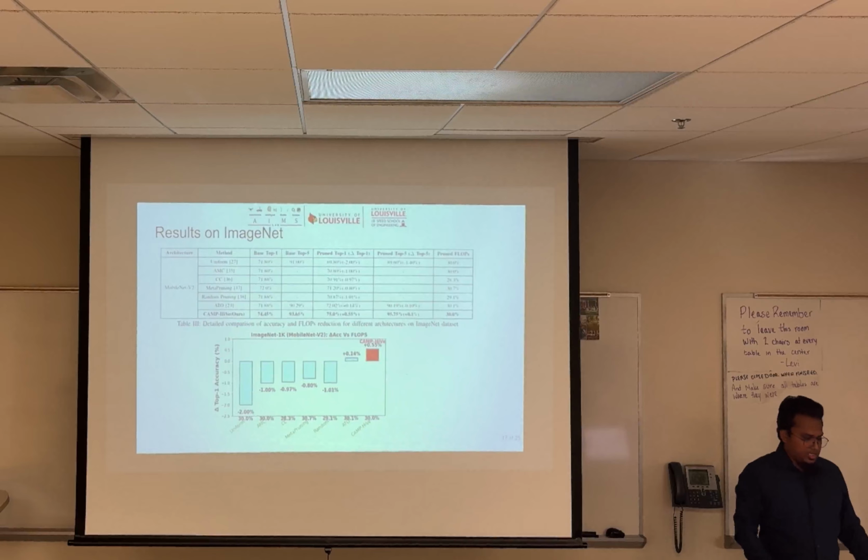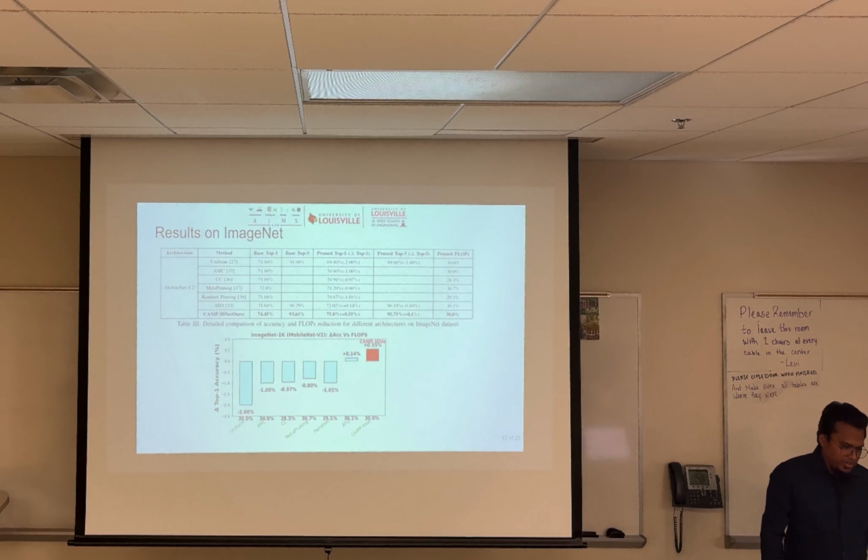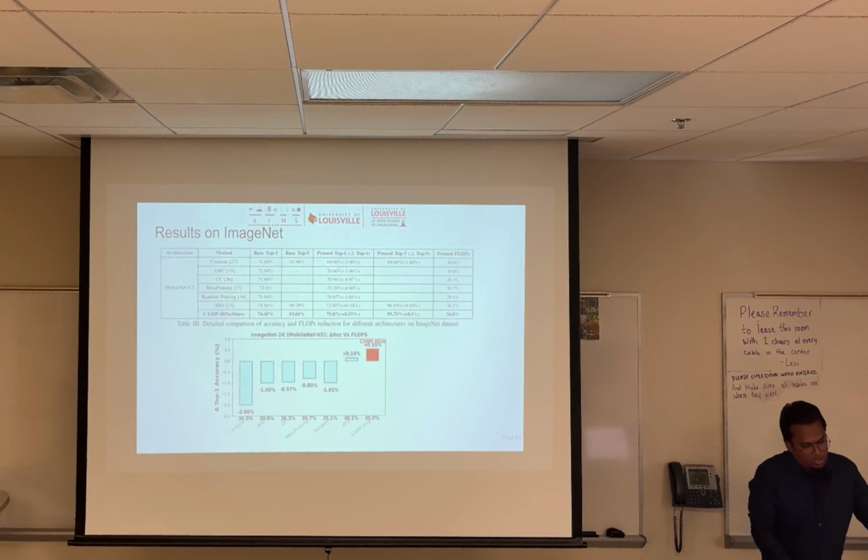Now let's discuss the ImageNet-1K dataset. We did our experiment on MobileNetV2, and we also compared our result with some of the state-of-the-art results. Here you also see that we achieved a delta accuracy of 0.55% with 30% FLOPs reduction.